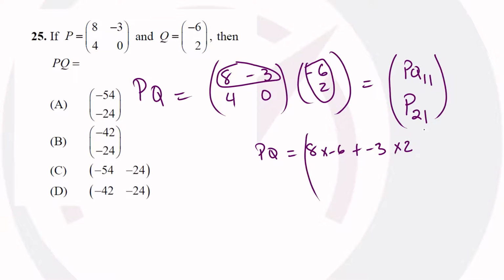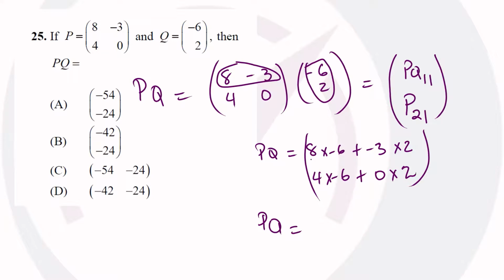Then the element for row 2, column 1, we multiply 4 times -6 plus 0 times 2.